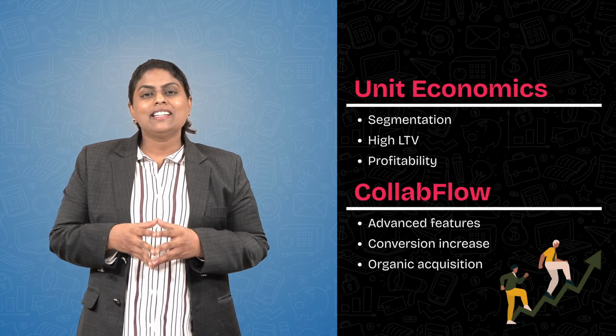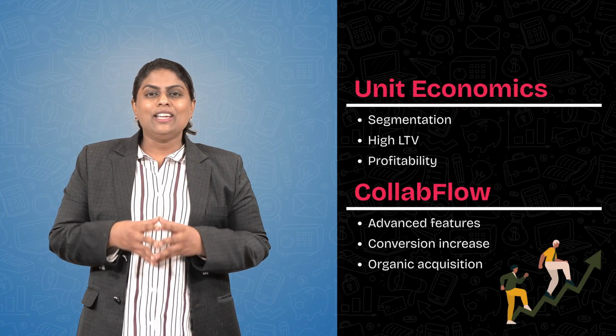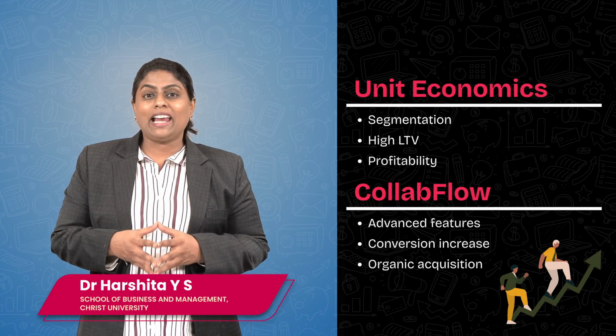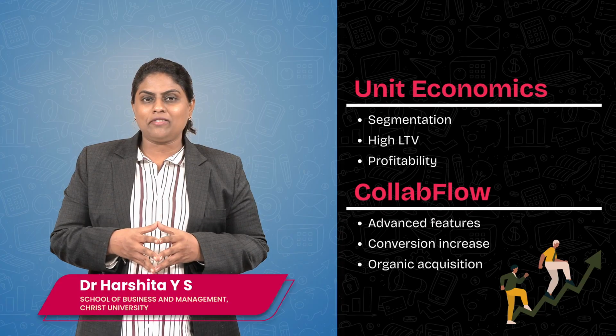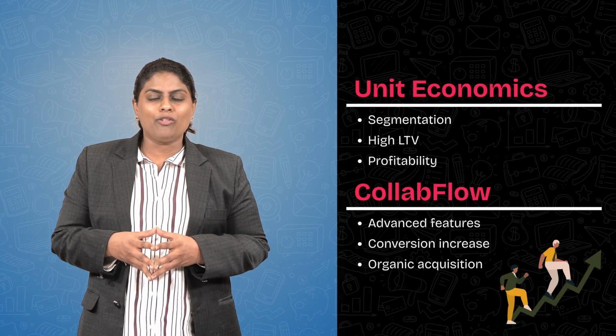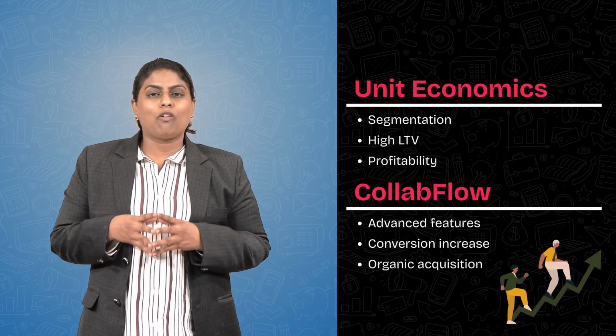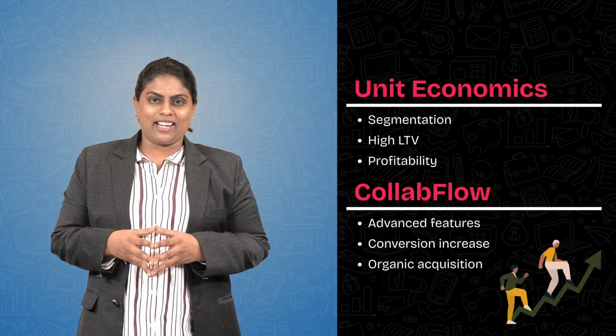As a result, CAC remains stable because the product continues to acquire users organically, but the LTV rises and both the LTV to CAC ratio and CAC payback period move into ranges described in the literature as targets for high quality SaaS unit economics.